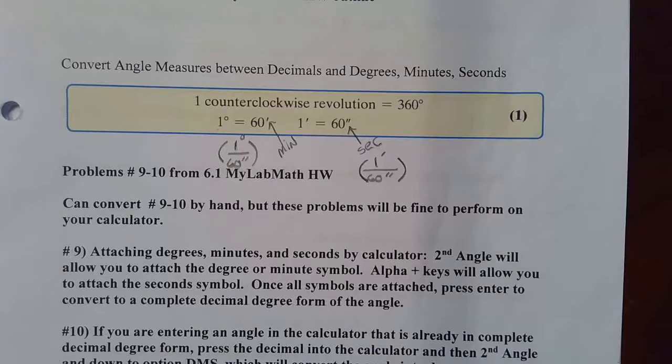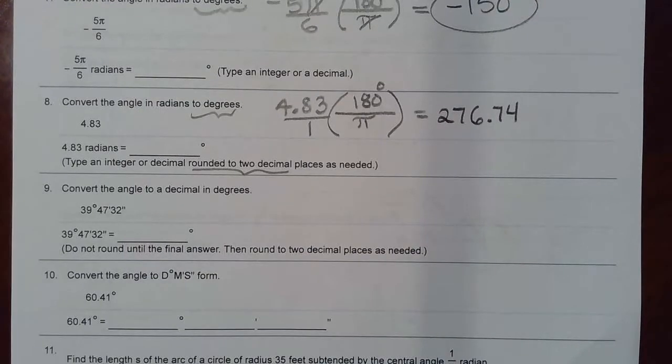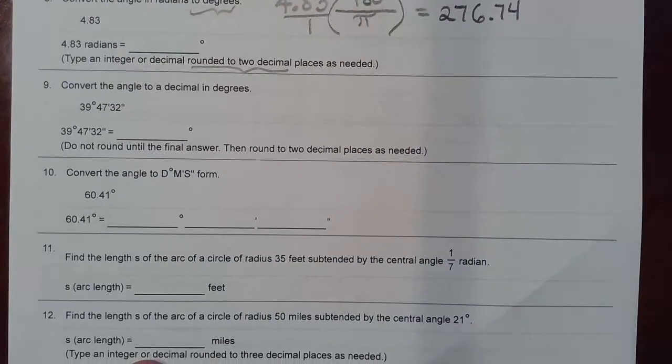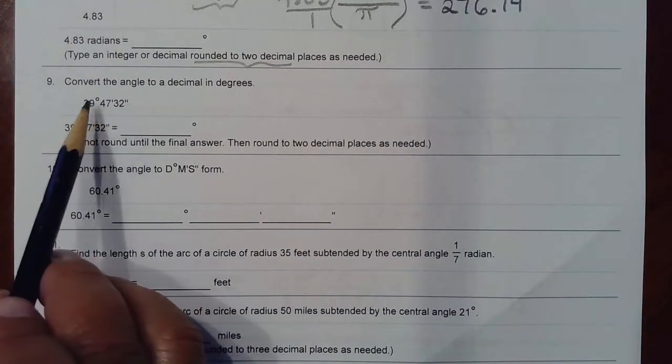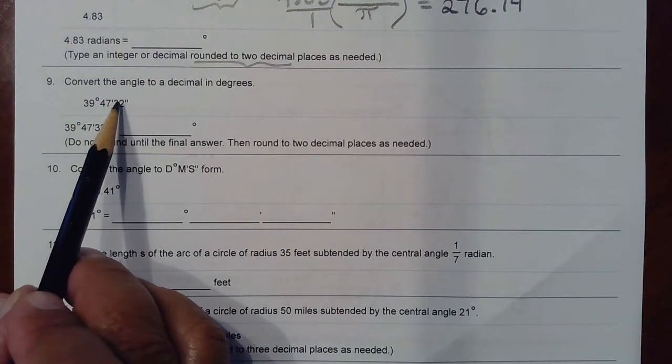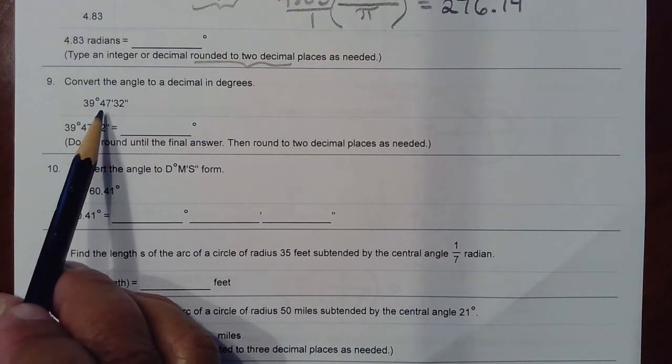But you can take something and convert it completely into degrees. Like, for instance, in number 9, it says convert the angle to a decimal in degrees, to a complete decimal. So in other words, they don't want you having 3 different symbols here, degrees, minutes, and seconds. They want you to take all of this, and you could do this by hand, but you can do this by calculator.